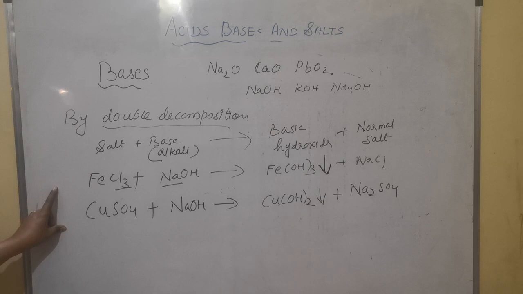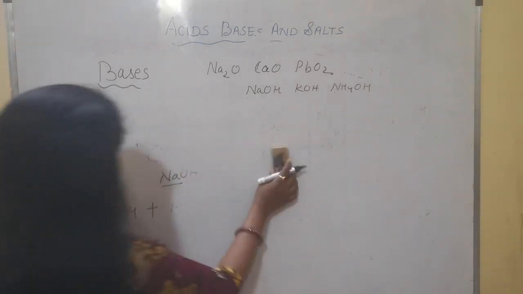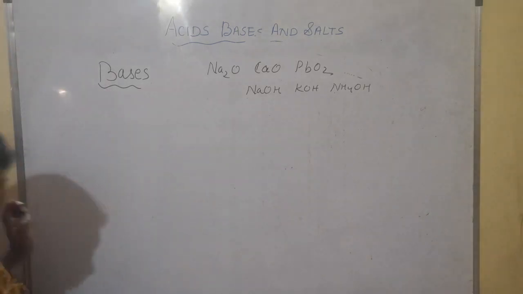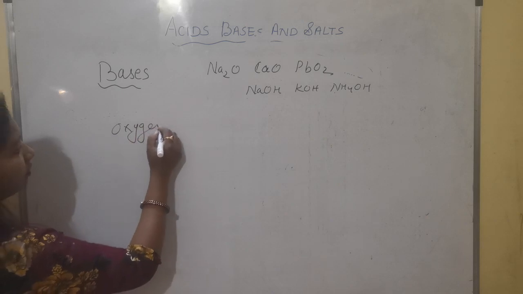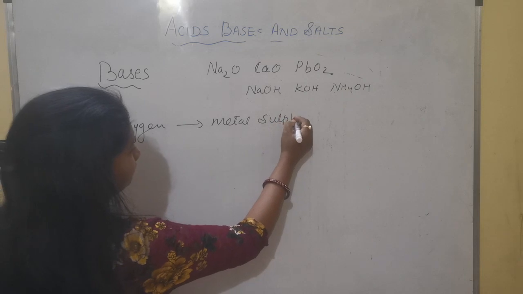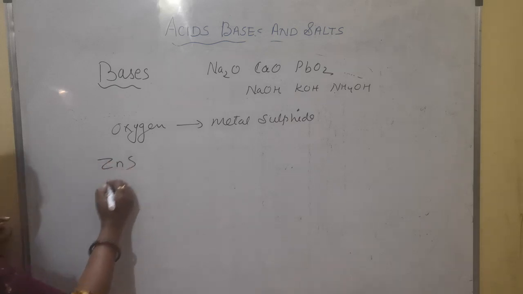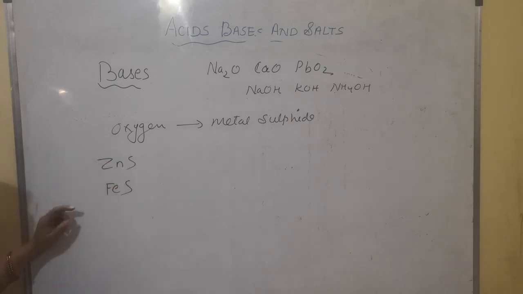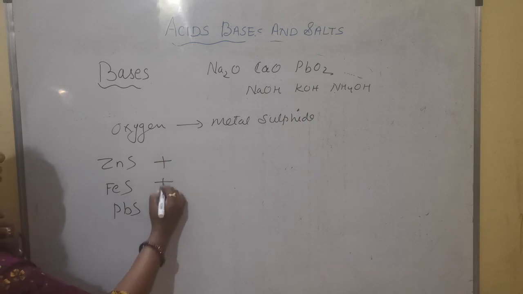Next is the action of oxygen on metal sulfides. Metal sulfides, say ZnS, FeS, iron sulfide, zinc sulfide, lead sulfide.